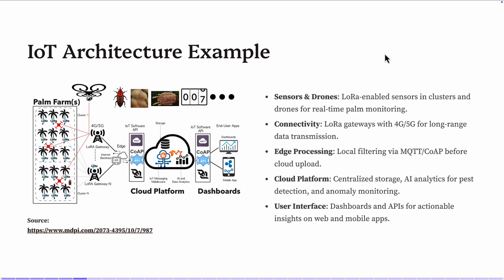They can provide us long ranges. We can do edge processing, local filtering. We can use CoAP and MQTT protocols. These are application layer protocols at the sensor level. And we store our data in the cloud to later visualize it for the end users. Voila. Any question?